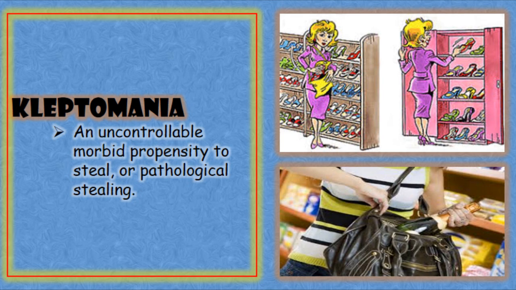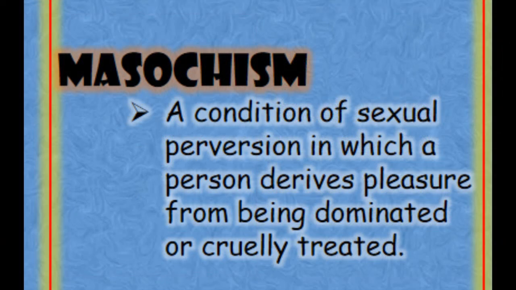Okay? So, next one, we have the so-called masochism naman. So, sa masochism, it is more on a sexual, it is a condition of sexual perversion in which a person derives pleasure from being dominated or cruelly treated. So, be matured enough.